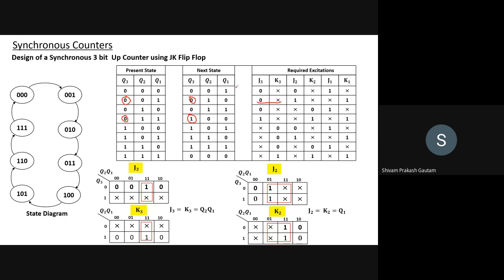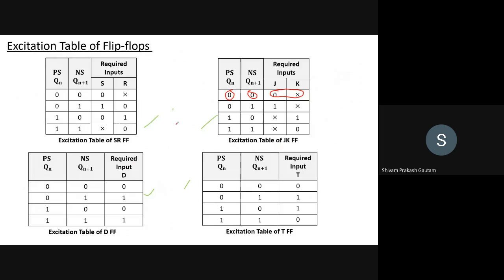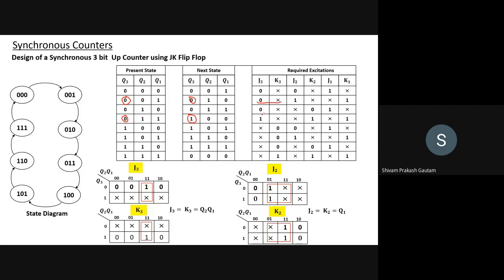For that, you can draw the excitation table by the side, so it will be very clear. For now, I will just move back to the slide. So past state is 0, future state is 1. Inputs are 1 and don't care.